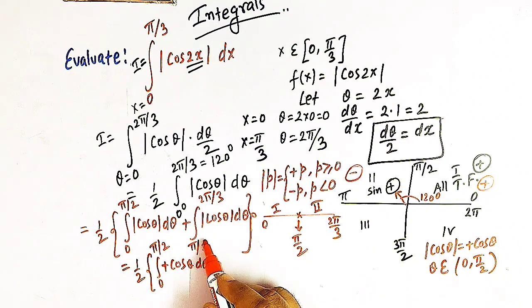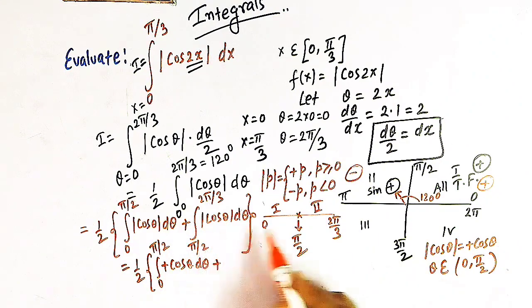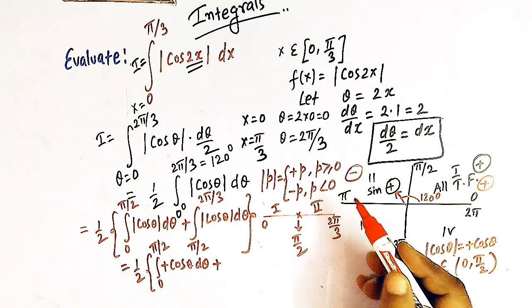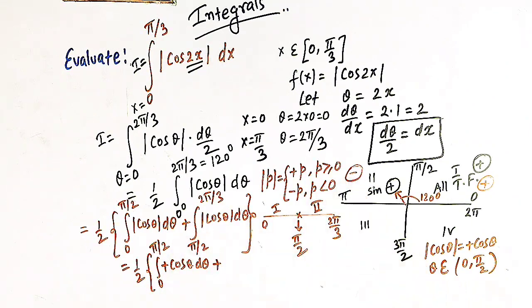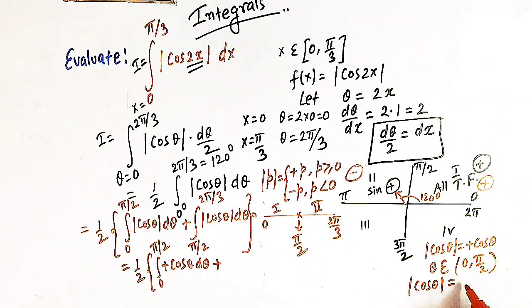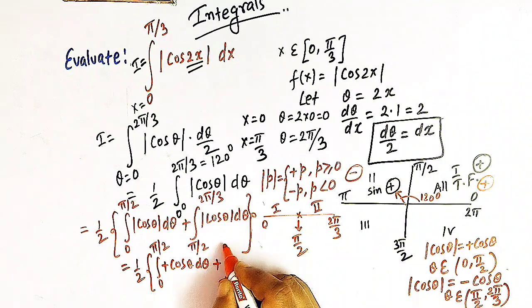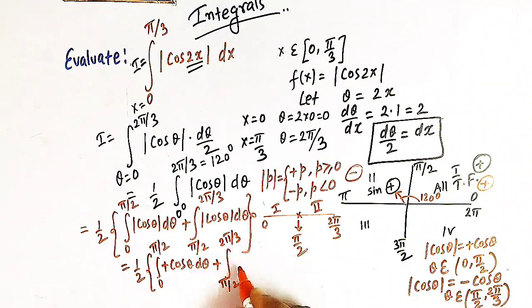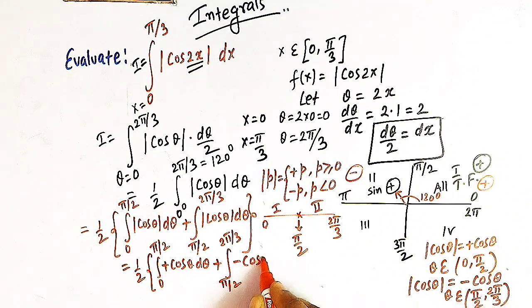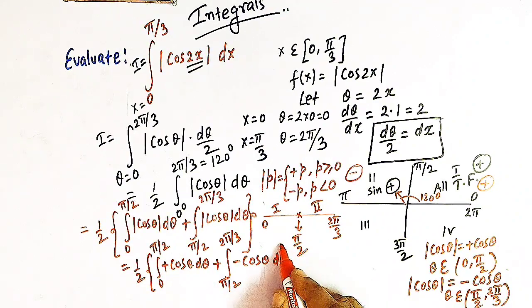And now in the second integral, we are in the second quadrant, and in the second quadrant the cosine function is negative, right? So we have mod of cos theta is equal to negative of cos theta when theta belongs to the interval pi by 2 to 2 pi by 3. So this is the important concept here. So we have pi by 2 to 2 pi by 3, and here we have negative of cosine theta.